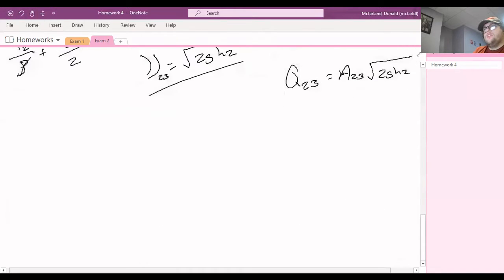Let's scroll this down more. So now we have our flow rate for both of our pipes. We have this flow rate. Make that a little bigger.